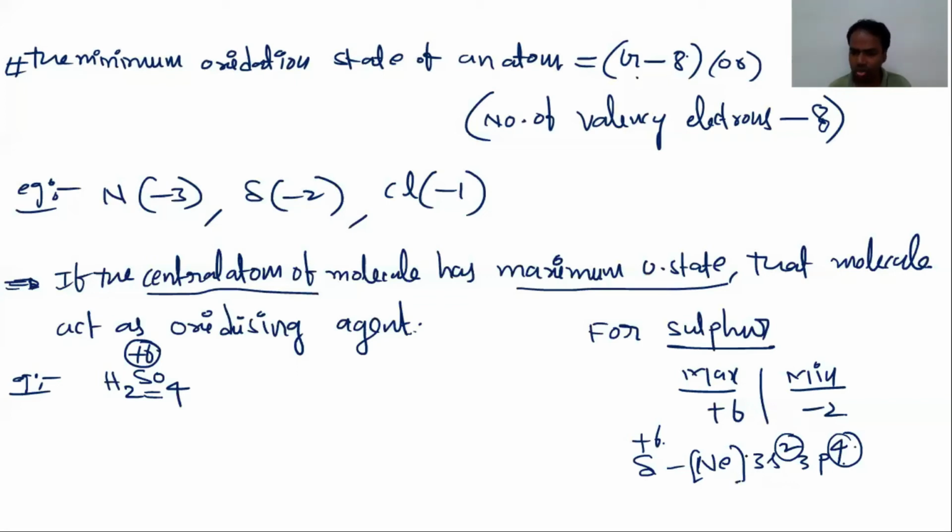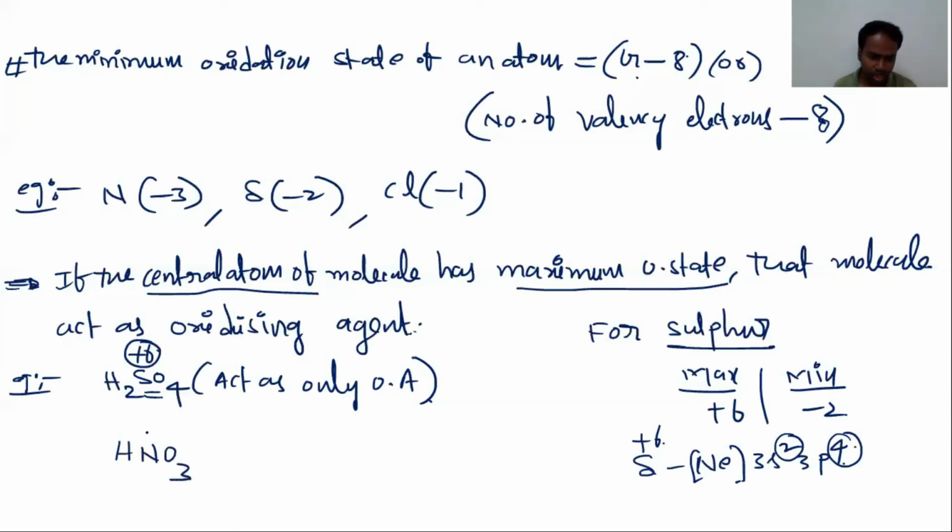So it cannot lose further, but there are chances to gain electrons. Gaining of electrons is called reduction. The compound that itself undergoes reduction is called an oxidizing agent. So this compound acts as only an oxidizing agent.